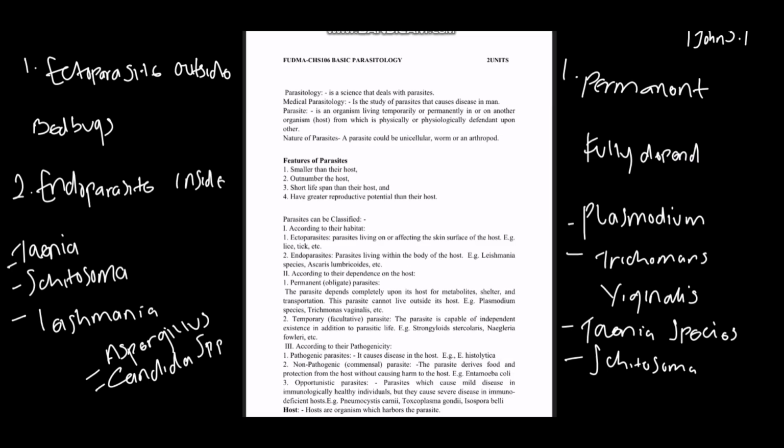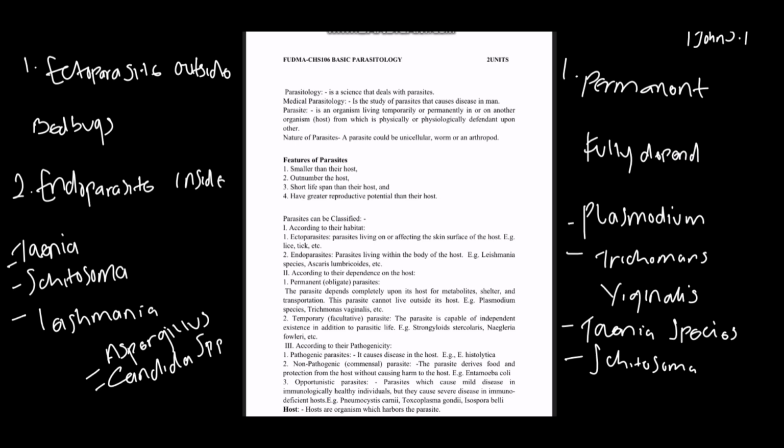Another example is the Plasmodium species, which causes malaria. Also the Trypanosoma species, which causes trypanosomiasis, called African sleeping sickness, and the Schistosoma species, which causes schistosomiasis.